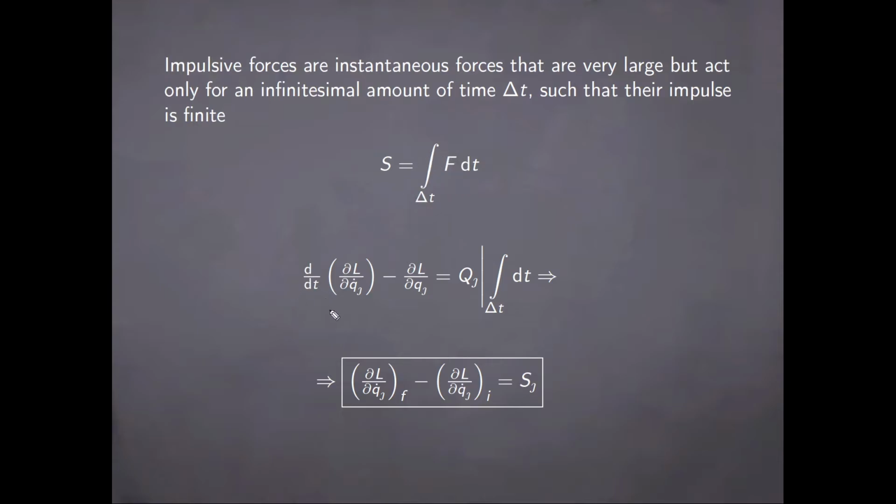And then if you write the usual Lagrange equations in their more general form, so involving a Lagrangian which contains the kinetic term and the potential term from which conservative forces can be derived, and also generalized forces which are not derivable from potentials, we can then integrate this equation over the small time interval delta t during which an impulsive force would act.